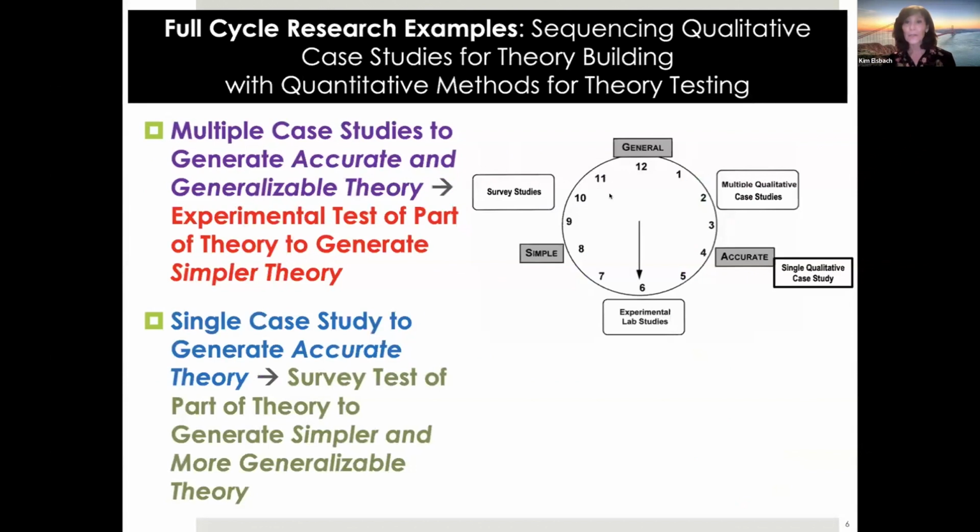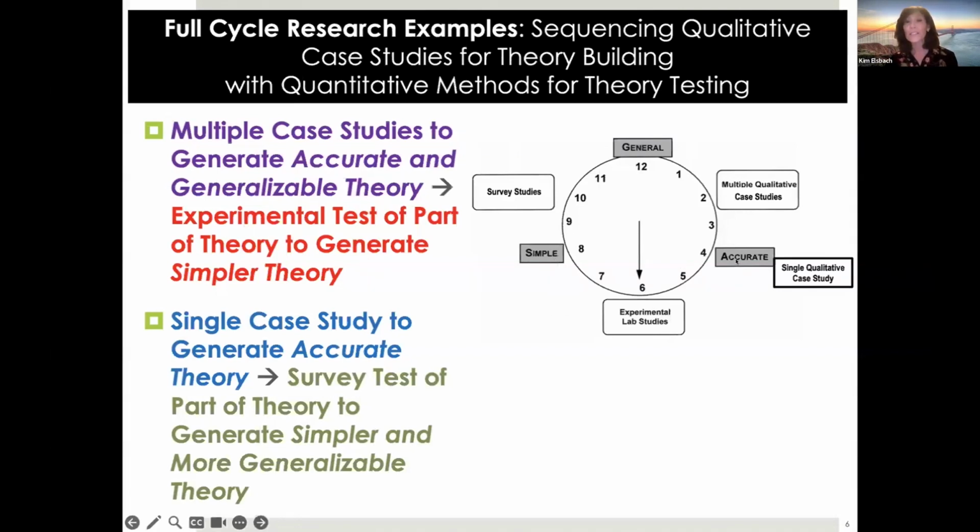So, for example, you might sequence multiple qualitative case studies that build more generalizable and accurate theory with an experimental lab study to test a portion of the theory generated in the case studies to give you more simplicity.